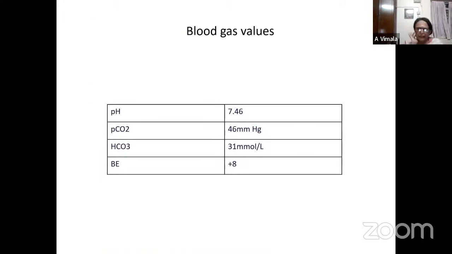Okay. So this is the blood gas value. pH is 7.46. PCO2 is 46. HCO3 is 31 with a base excess of +8. So what is your interpretation? What diagnosis you make from the blood gas?